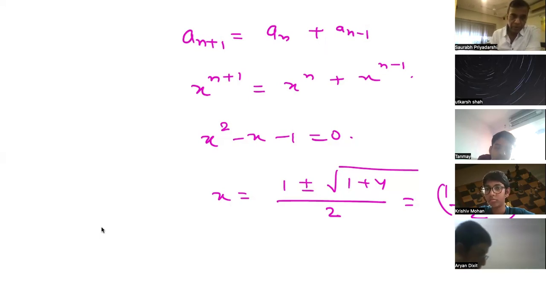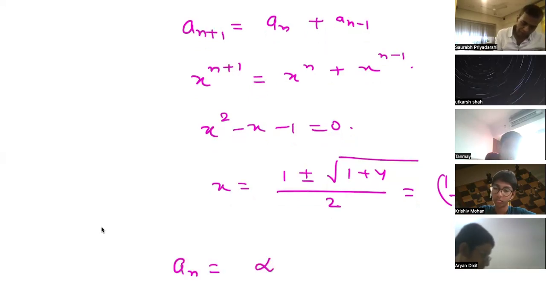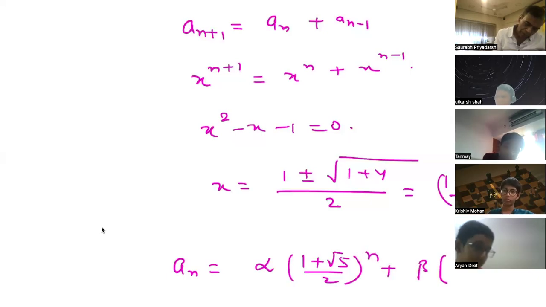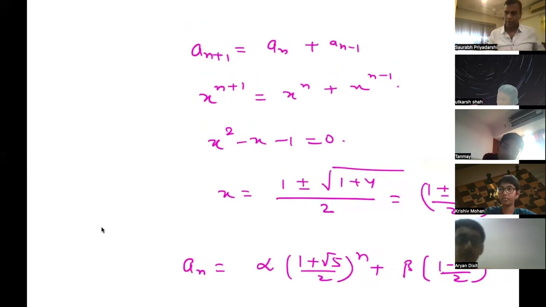Very good. So a n is alpha times (1 plus root 5 by 2) to the power n plus beta times (1 minus root 5 by 2) to the power n. Up to this, any problem or doubt?